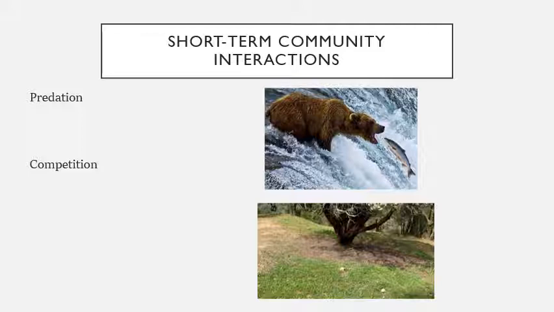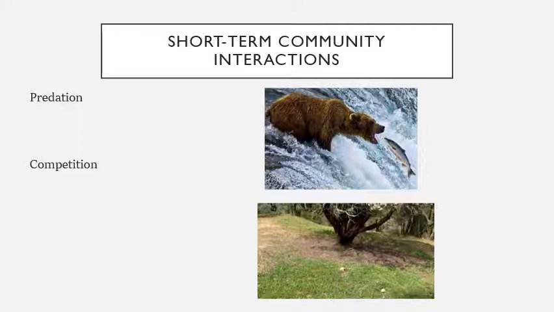Here we see an example of that on the right. We have salmon that are returning to where they were born to lay their own eggs, and then there are brown bears that are in the way of that. So as the salmon are returning from the ocean back to their breeding grounds, brown bears are waiting to consume them. So in predation, one organism consumes another.